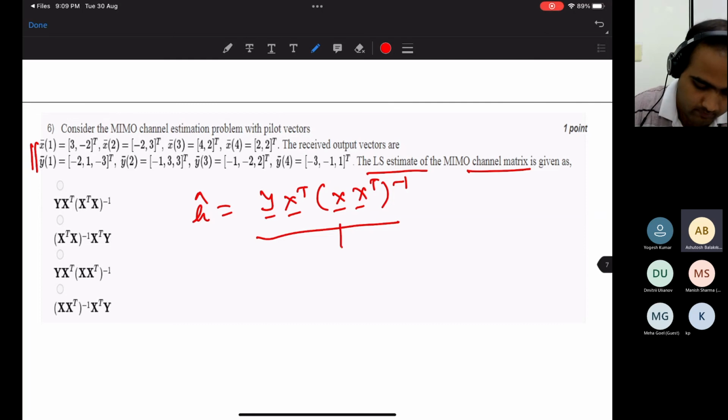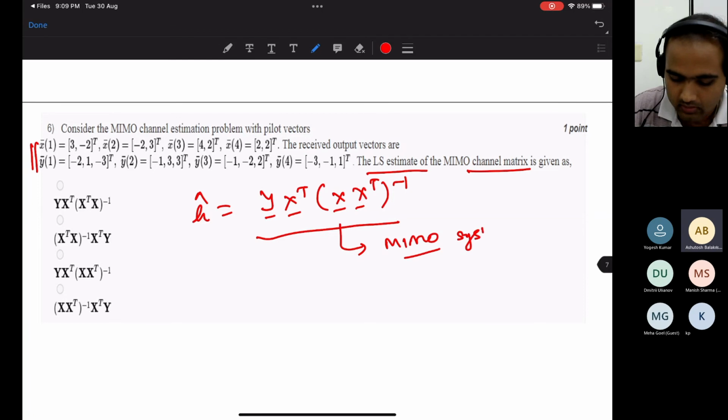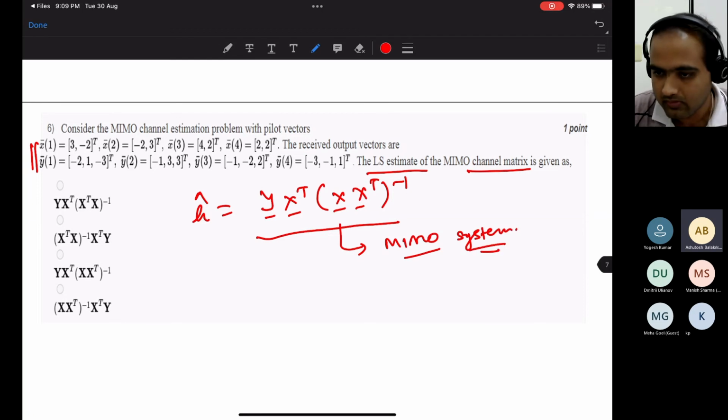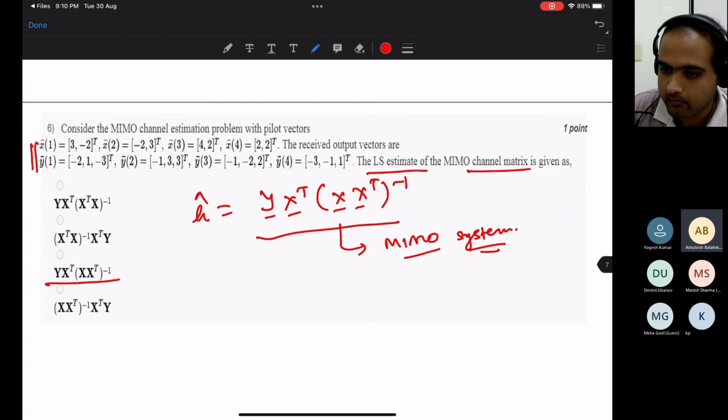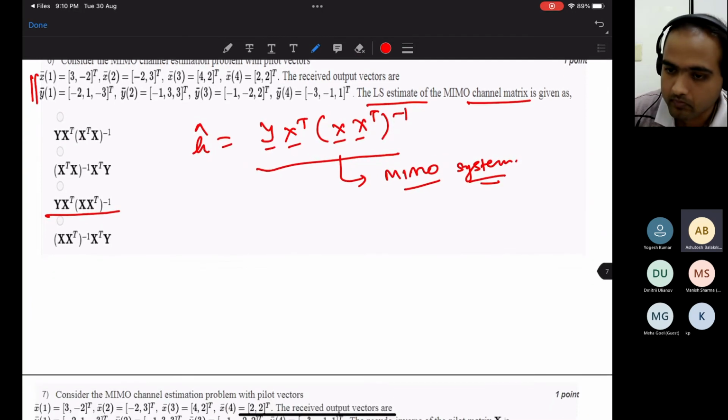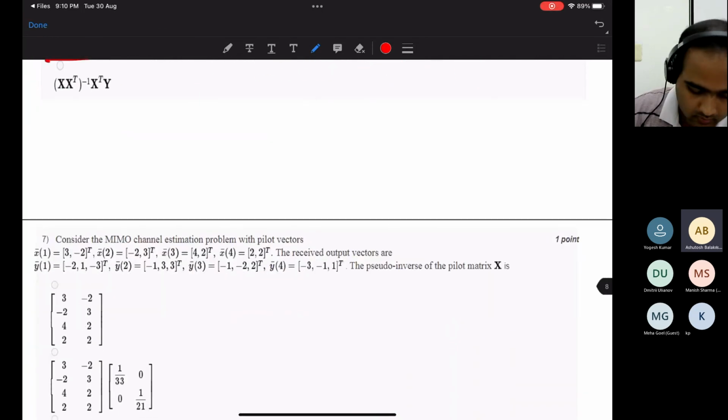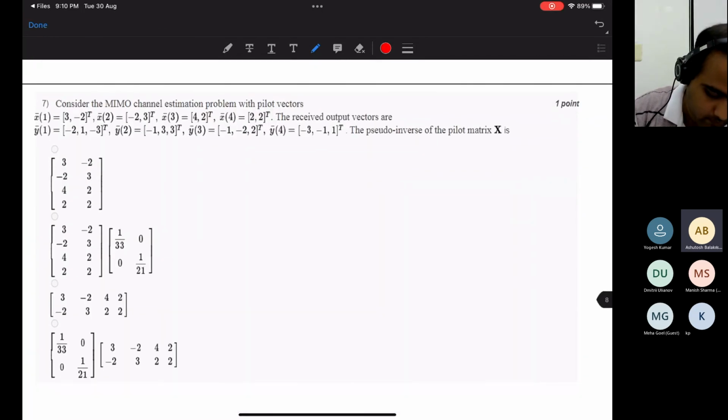This is for a MIMO system, when you have multiple transmitters and multiple receivers. So this is option C. You just need to check it carefully. Any doubts? Feel free to ask if you have any doubt.